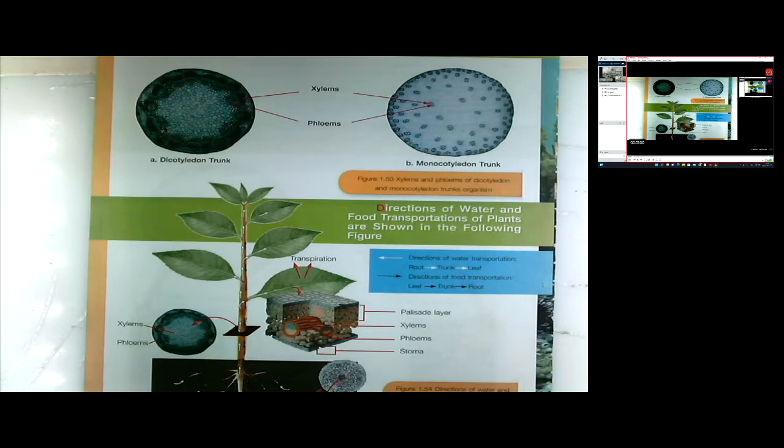Okay, we are going on with our lesson looking at transportation system in plants. So what we are going to be looking at today are the structures that help us in the transportation system.